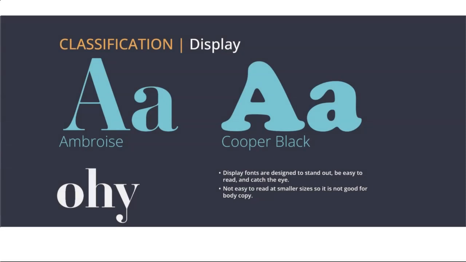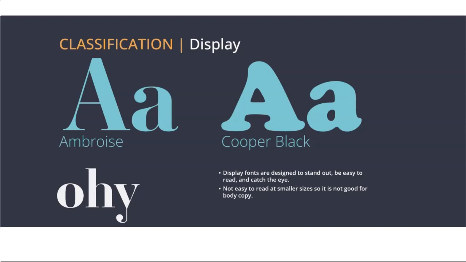When we look at classification being a display typeface, we've touched on this throughout this lecture. Display fonts are designed to stand out and be easy to read and catch the eye, right? And some are less easy to read, but being at a larger size makes them a little bit easier to read as compared to smaller sizes, where they start to become much more difficult for the eye to differentiate the letter forms.